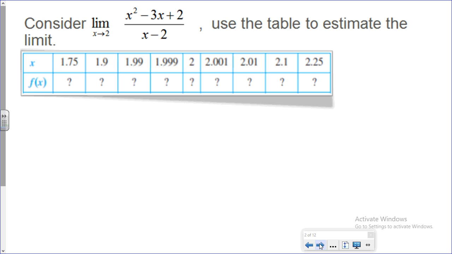Pod 3, plug in 1.99. Pod 4, plug in 1.999 and 2.001. Pod 5, 2.01. And pod 6, I want you to split up the 2.1 and 2.25. Plug those x values into the function. I'll give you a moment. Make sure you agree on the y value, please.